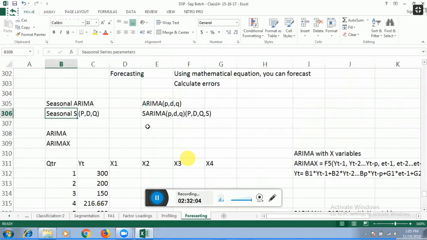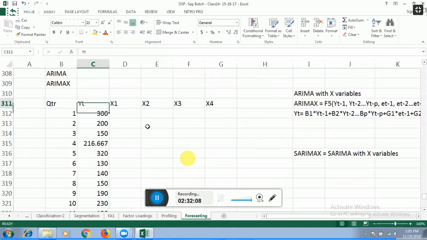When I explained the seasonal PDQ, suppose you have quarterly data, then first you aggregate the data at yearly level, so year 1, year 2, year 3, etc. Then you identify PDQ values for that aggregated series, and that PDQ we call the capital PDQ. That way you are capturing the trend in the aggregated data.